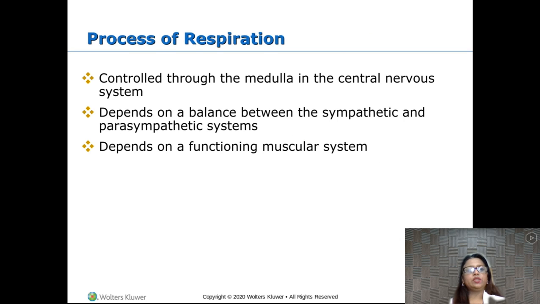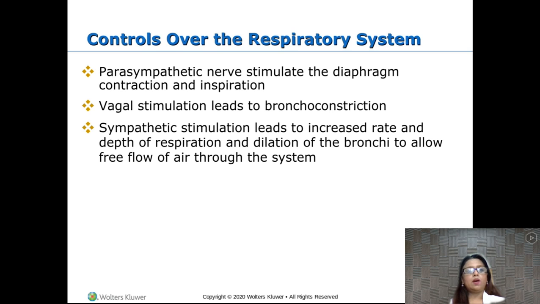The process of respiration is controlled through the medulla of the central nervous system. It depends on the balance between the sympathetic and parasympathetic nervous systems, and on the functioning of the muscular system. The parasympathetic nervous system helps the diaphragm contract in inspiration, and vagal stimulation leads to bronchial constriction.